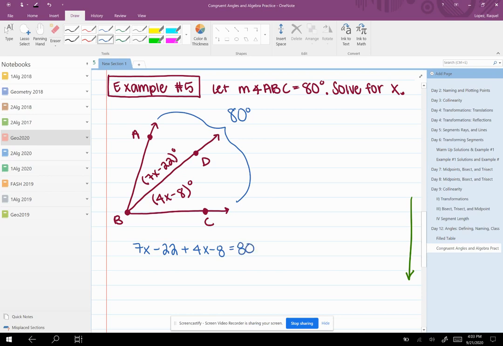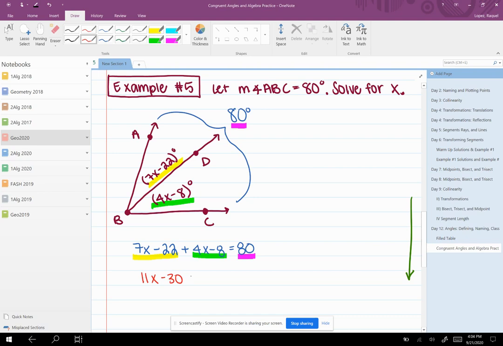I've got an equation set up. Once I've set up my equation, I can combine like terms. 7x plus 4x is 11x. And then negative 22 plus negative 8 is negative 30.